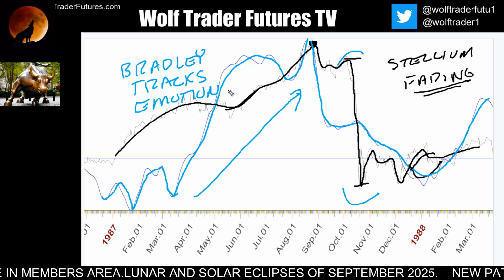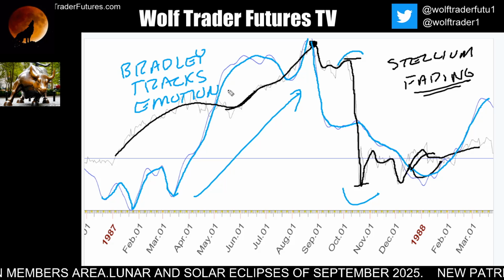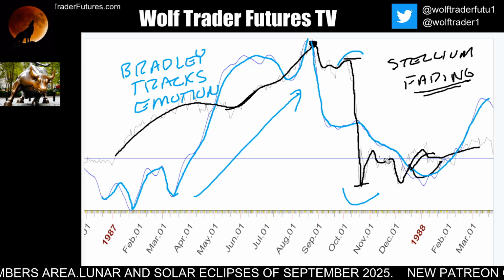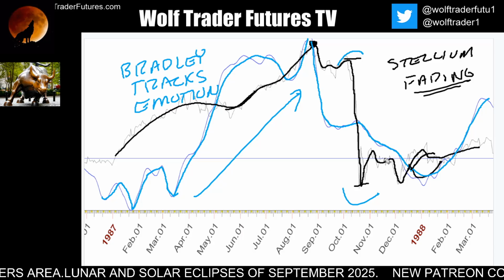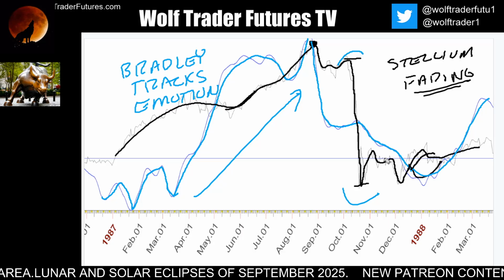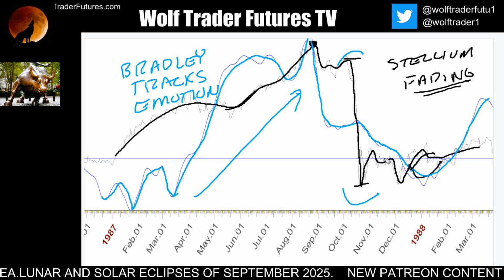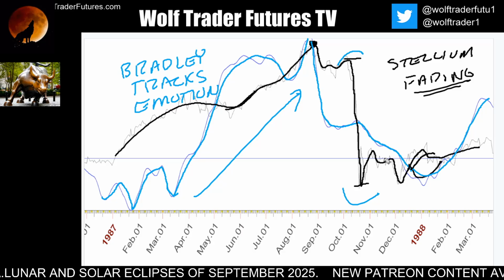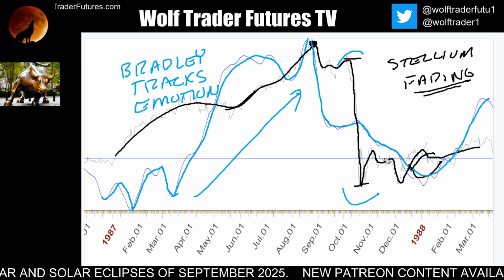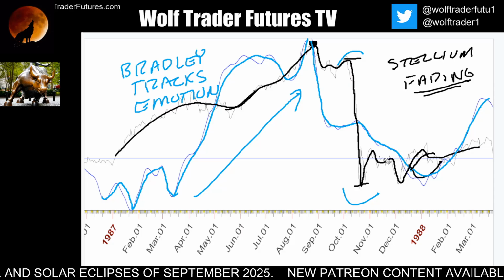This is the mood, the psychology of the people. The stellium was building up into here and the Bradley was falling, so the transits were falling, and this was reflected in a very fast decline in the markets, matching the Bradley and the mood of the planets up in the sky, as the transits were making their specific aspects.